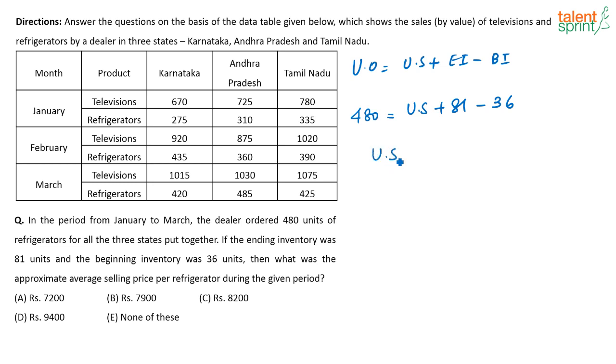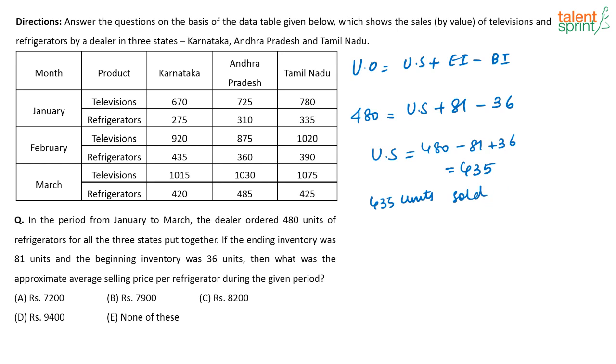So how many units are sold during this period? 480 minus 81 plus 36, that is nothing but 516 minus 81, or 435. So 435 units are sold.